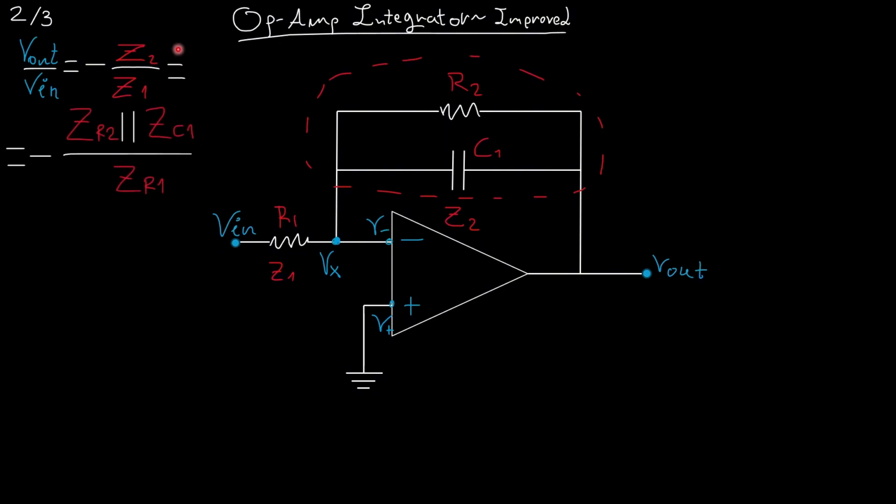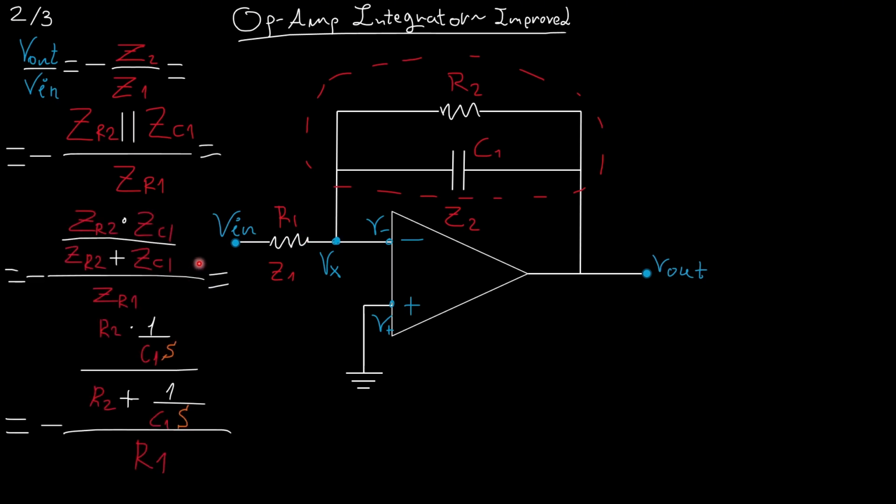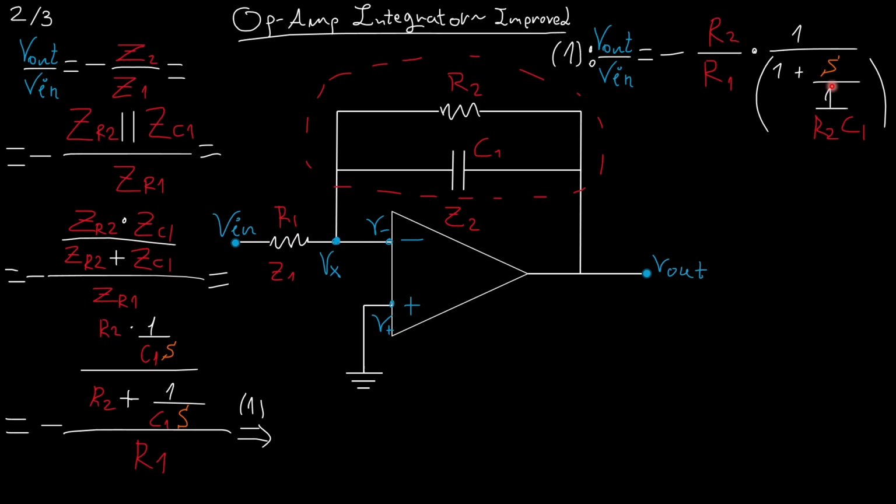Now I can write Z2 as ZR2 in parallel to ZC1. Z1 is ZR1. And if I do the algebra, I get this result. And this result says to us that when we have small frequencies here, this fraction gets very, very small.